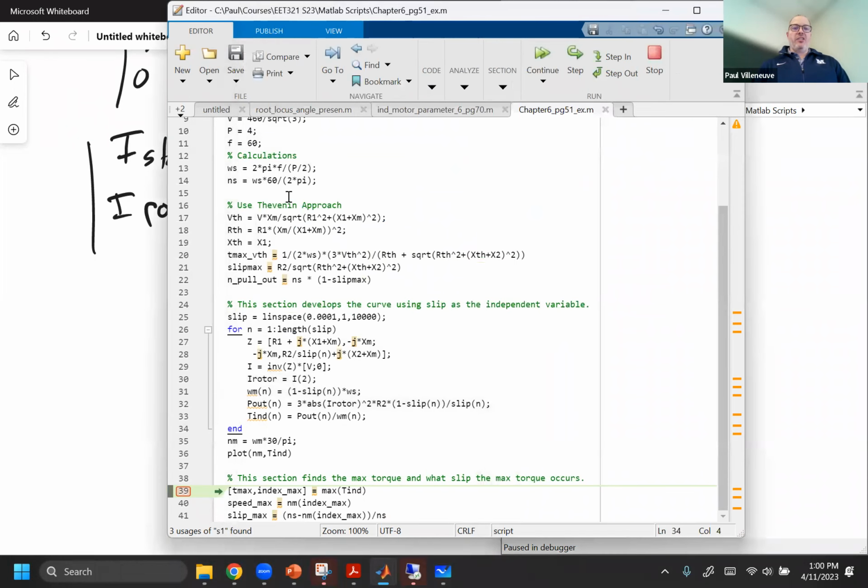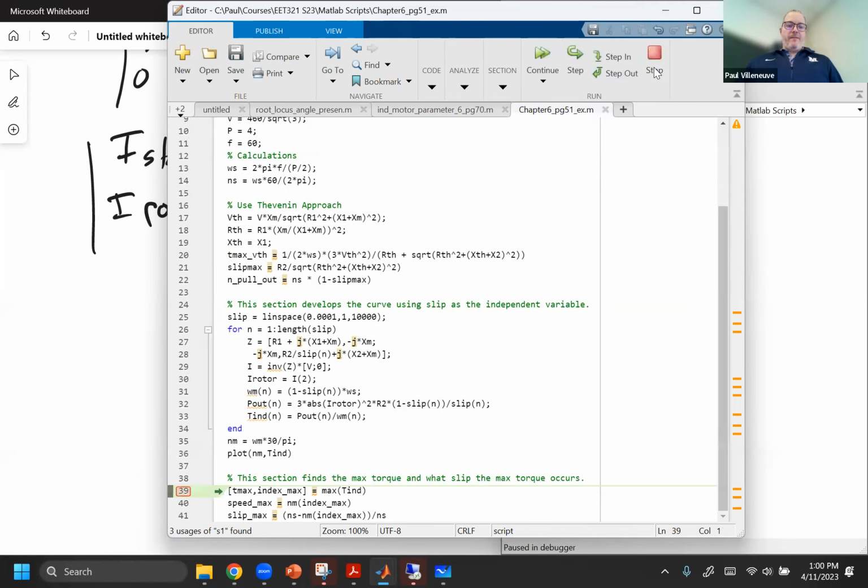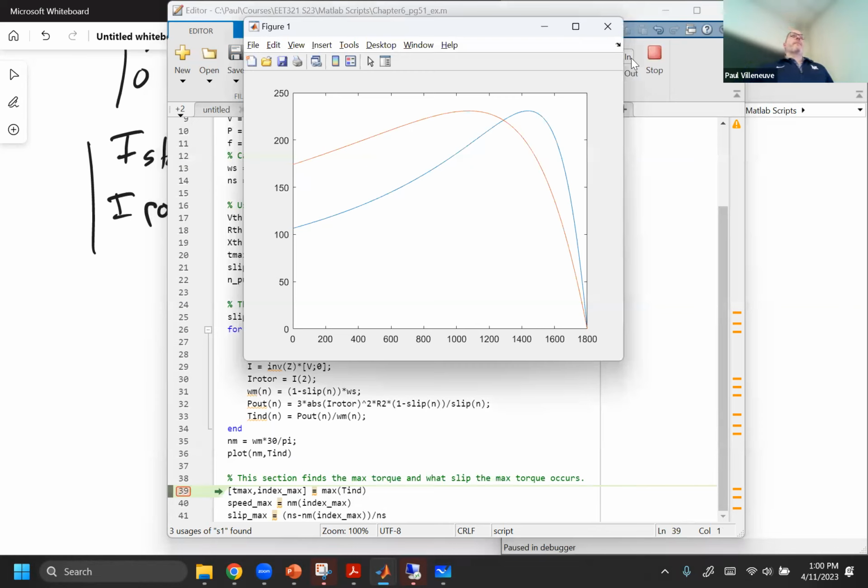Now, if I change it to 2, it shouldn't rewrite over there. Now you can see it. And that's really the power of doing multiple calculations over and over and over again: you can come up with a curve really easily.